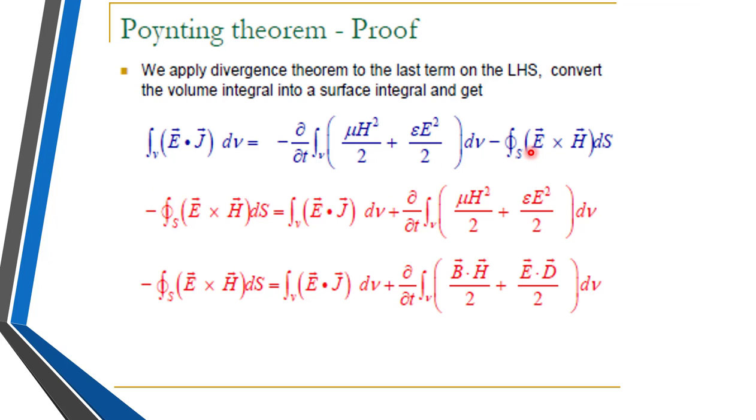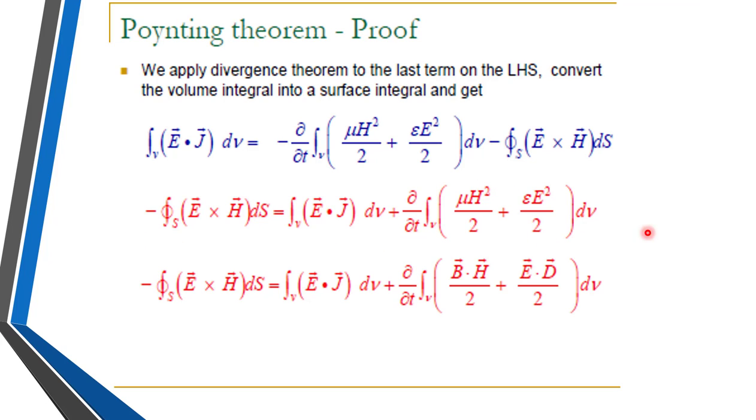So it will become minus surface integration of E bar cross H bar into ds is equal to volume integration of E bar dot J bar dV. This term was minus, it will become plus on the left hand side. So it is plus dou by dou t of the volume integration of mu h square by 2 plus epsilon e square by 2 into dV.